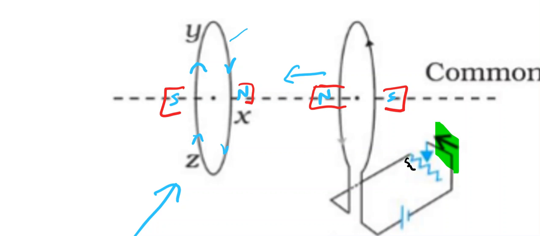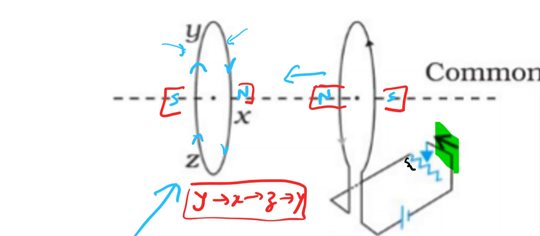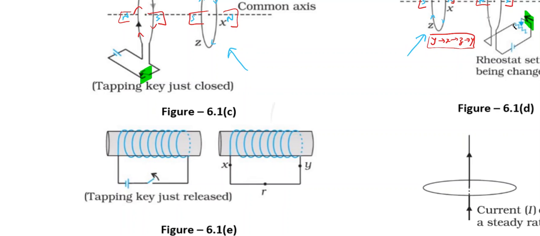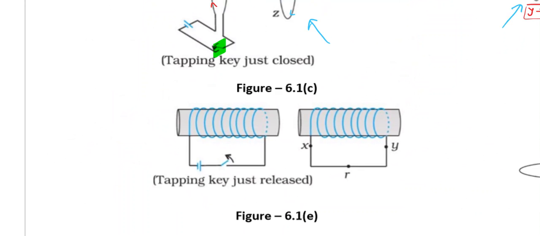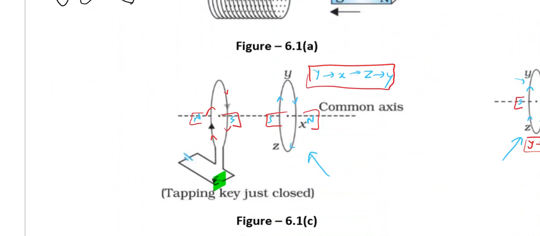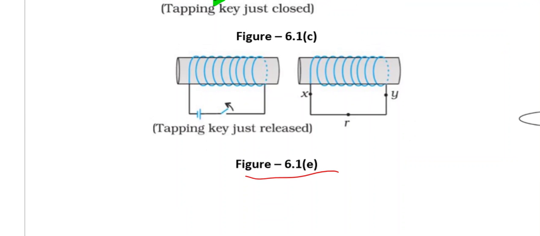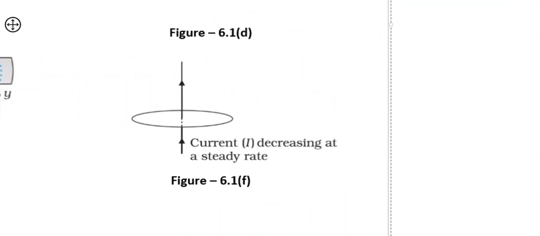I assume that this part is outside and this part is inside, and with that consideration, the current direction should be from Y to X to Z to Y. This should be the nature of induced current. I will not be explaining this again because we have a similar case here. So apply that logic and you can decide by yourself.